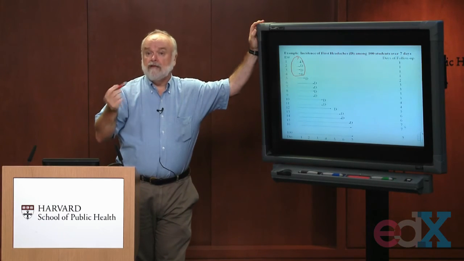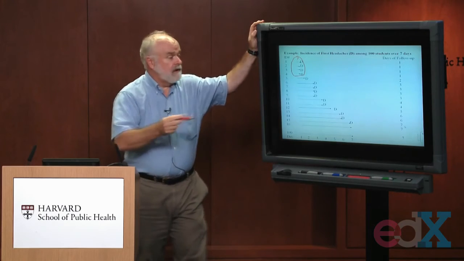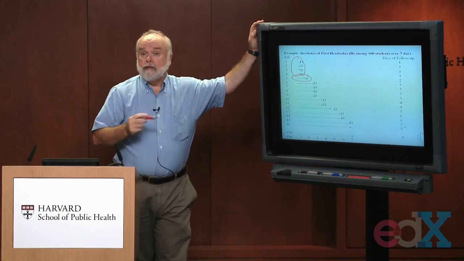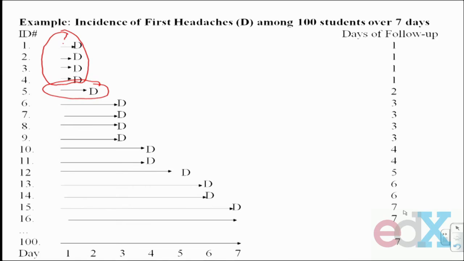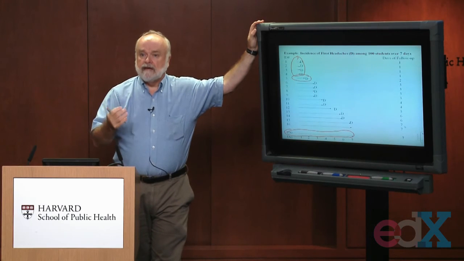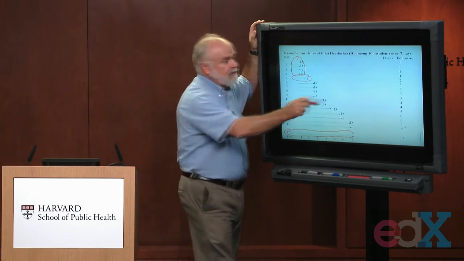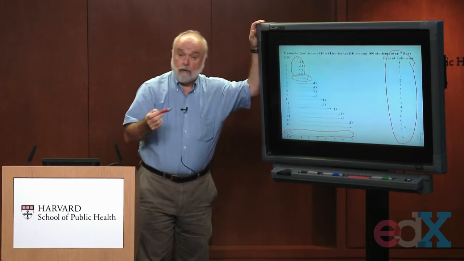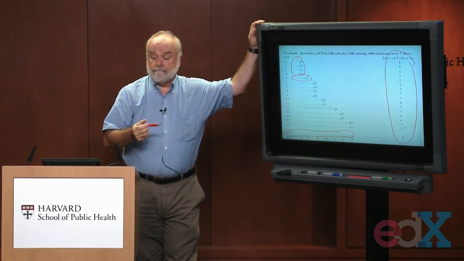The D means you developed a headache. The next person's line went for 2 days, and then it ended with him developing a headache. And everybody down below, like the 100th person in the study, was followed for 7 days. At the end of the follow-up, there's nothing there. That means the study ended. So what we have in this last column, again, is the same follow-up time, either until they developed a headache or until the study ended.